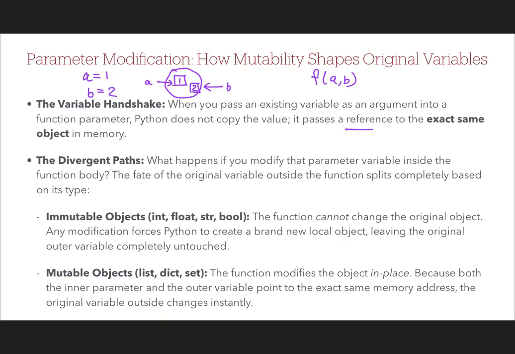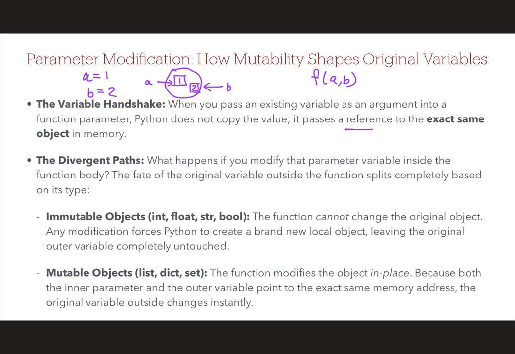So that means within this function, if you try to modify the values represented by this reference, and if that modification is allowed in Python, that will actually modify the value of the original variable.